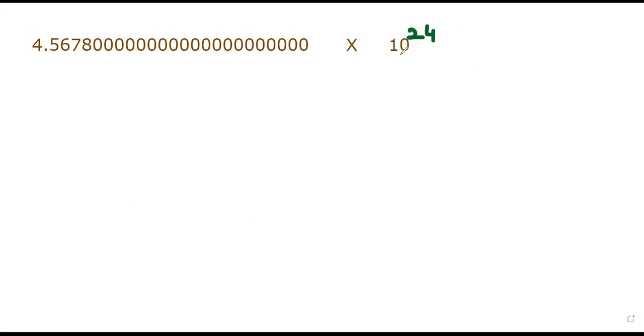Now to find whether the power will be positive or negative, first we check whether the number is greater than 1. If the number is greater than 1, the power will be positive.